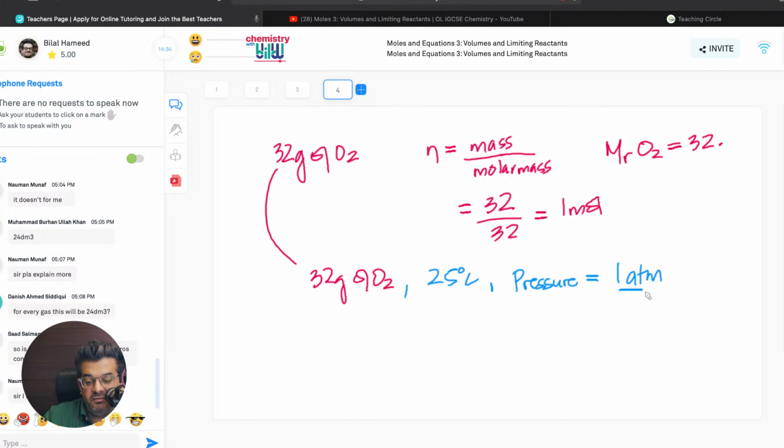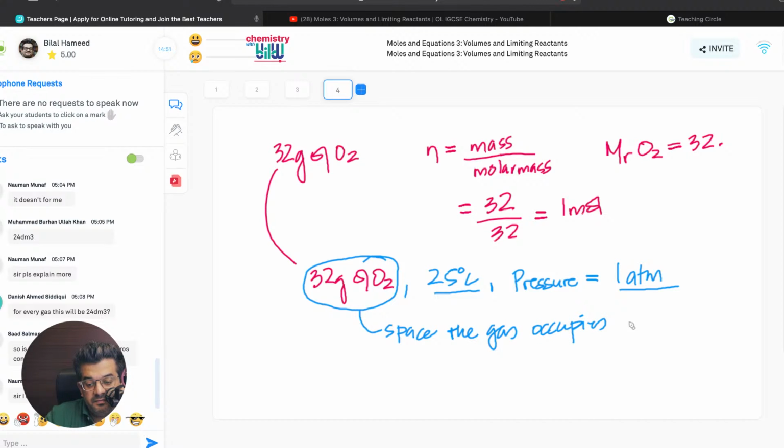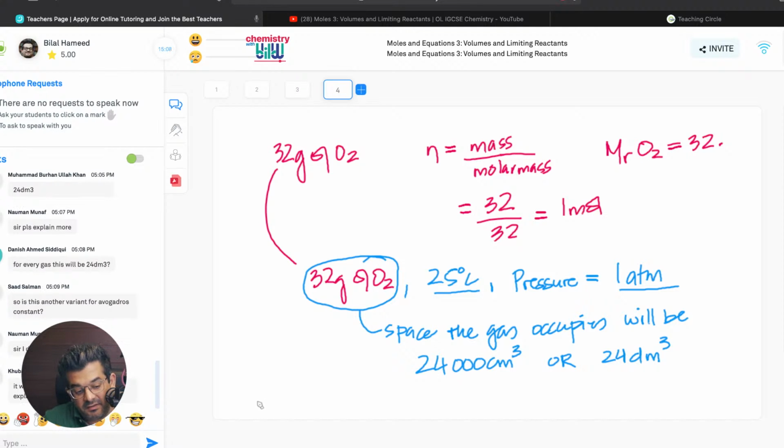If I maintain pressure of 1 atmosphere and temperature of 25 degrees centigrade, then if I let loose 32 grams of oxygen, the space the gas occupies, space being volume, will be 24,000 cm cube. That's a unit of volume, or 24 dm cube. That's what it means.